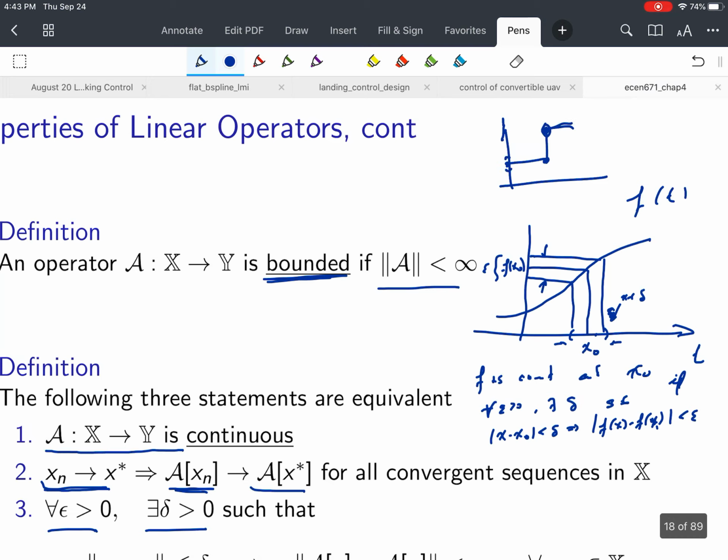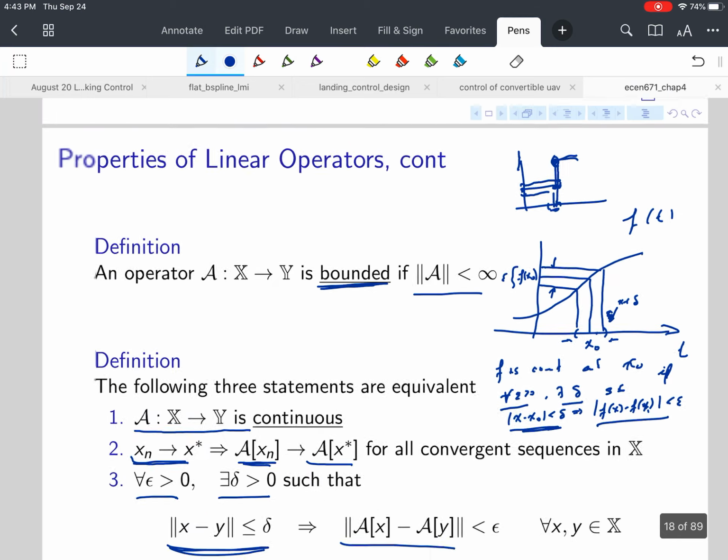So around this point, if I pick an epsilon ball, there's no delta ball down here, so that if I stay within delta, I stay within epsilon, because I can go arbitrarily close here, and now I jump outside of epsilon. So it's not true that for every epsilon there exists a delta, so that when x and x naught are within delta, f of x and f of x naught are within epsilon.